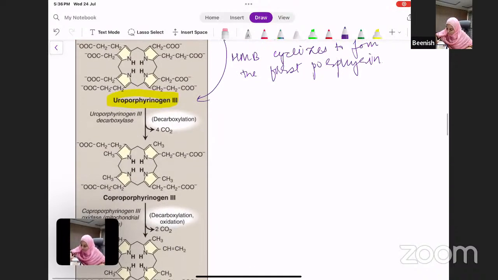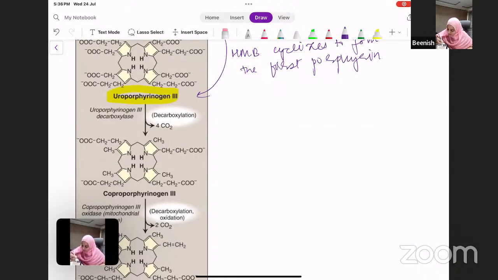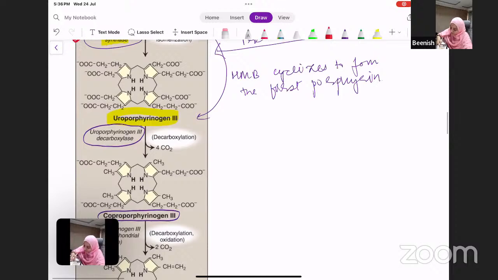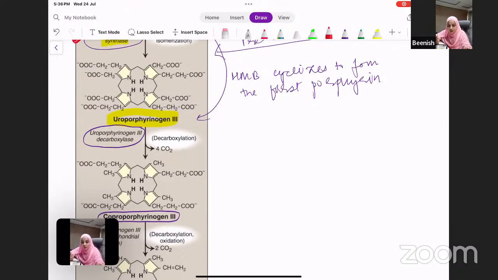Now what is going to happen? Your next enzyme, UPG3 decarboxylase, is going to act, and you end up with coproporphyrinogen 3. This is a decarboxylation reaction. Why do I say decarboxylation reaction? As you can see here, what is the difference between uroporphyrinogen and coproporphyrinogen?